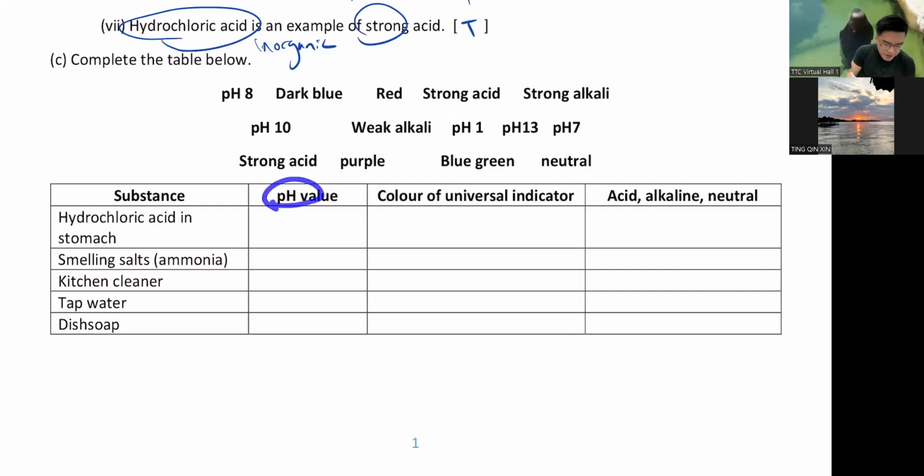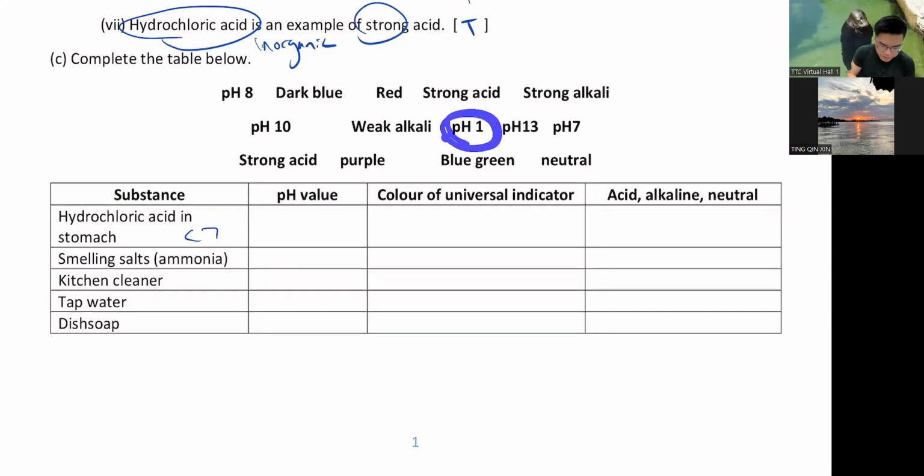All right, so pH value, acid is lower than 7, right? 一定是低过7的。So here there's only one here, pH 1. 7 is not, 7 is neutral. 8, 10, 13, they are all alkaline. So 答案只有一个，就是 pH 1. Right, pH 1. Color of universal indicator. Color, very acidic, right?